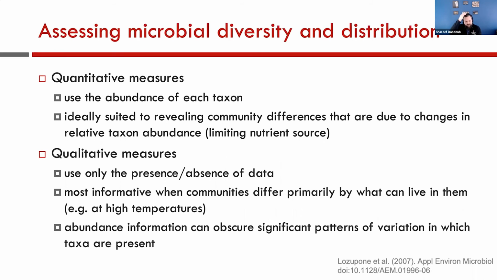So I've given some examples there of when to use each. And this is the other thing too: in all of these tools, there's no one tool, no one ecological statistic, no one metric that will tell you everything. So this really is about exploratory data analysis.